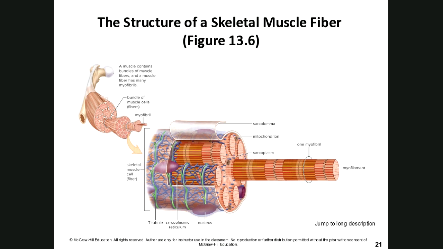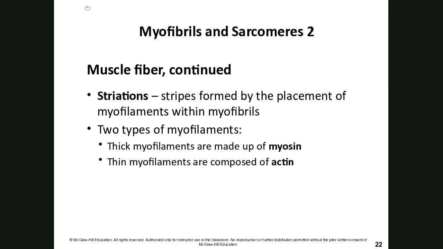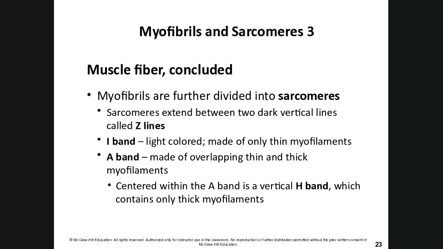And the middle portion, let's go back out here, of that is going to be the center of it. And so the center of it is the H band. So Z lines on the end, H band in the middle. The I band is where you only find thin filaments.